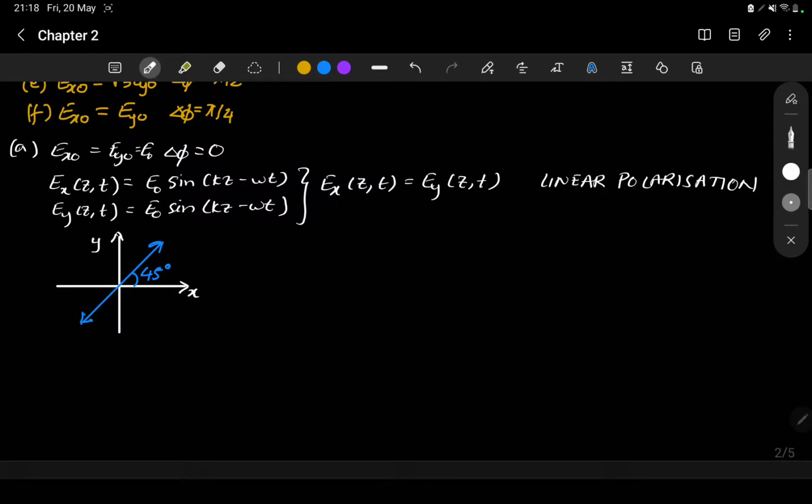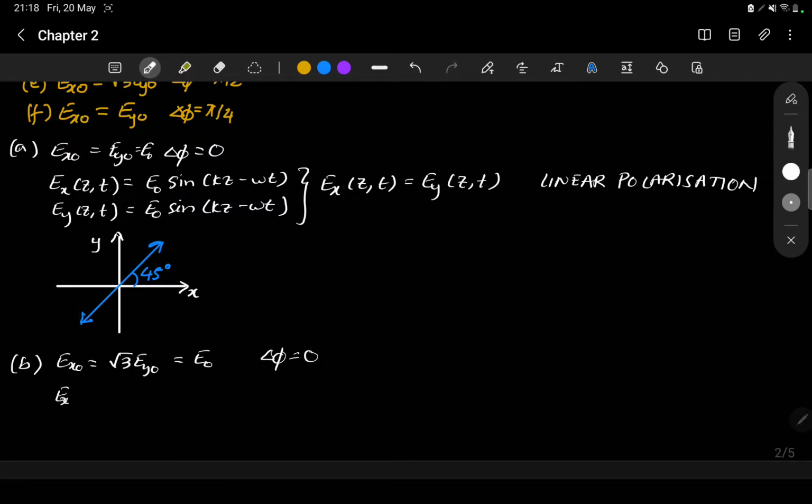Let us now look at part B. Part B is Ex0 equal to root 3 Ey0. So let this again be equal to some E0, and delta phi equal to 0. So what do we have?